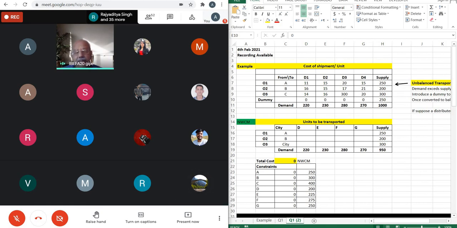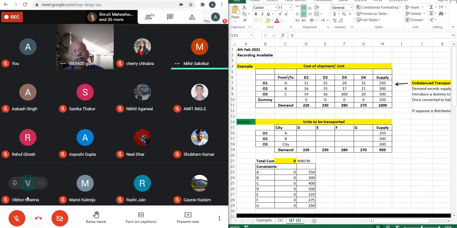Mohit Mishra, when can you say a transportation problem is unbalanced? Anybody? Sir, can I try?